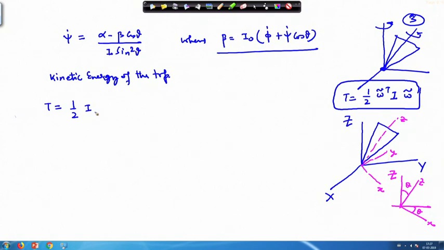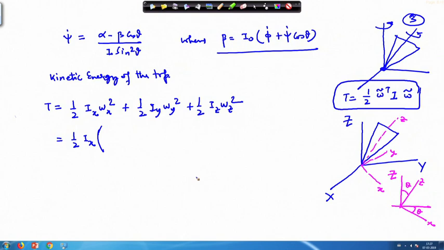So, we can write it as 1 by 2 I x times omega x square plus 1 by 2 I y times omega y square plus 1 by 2 I z times omega z square. Insert the values for omega x, omega y and omega z. So, omega x is psi dot sin theta with minus sign, plus 1 by 2 I times theta dot.